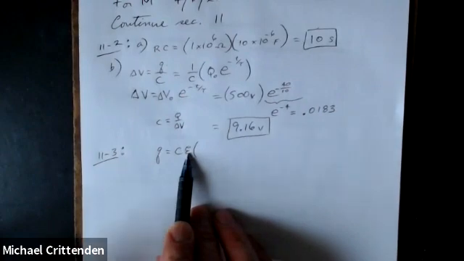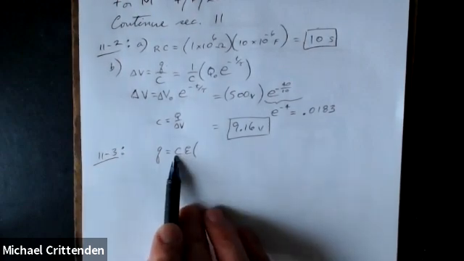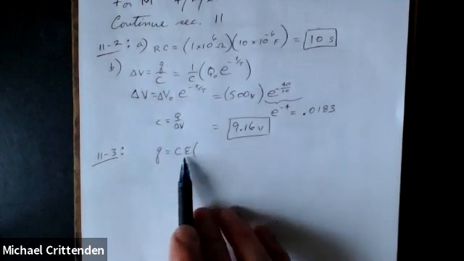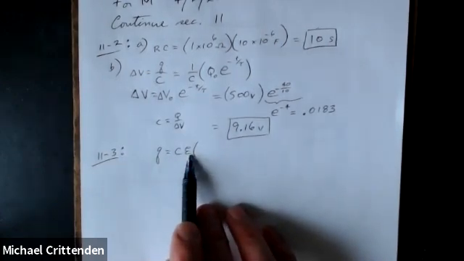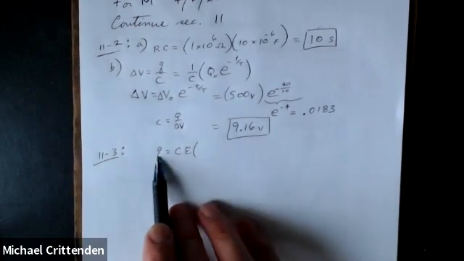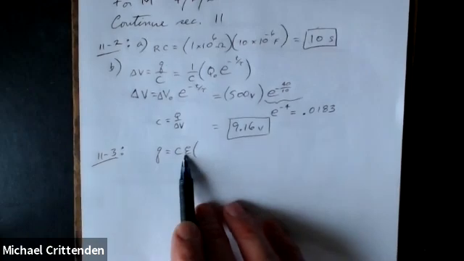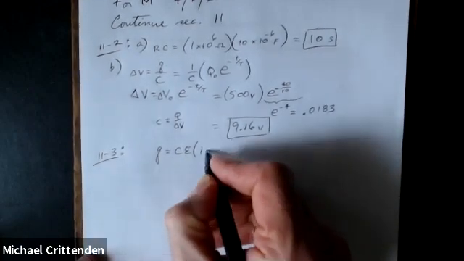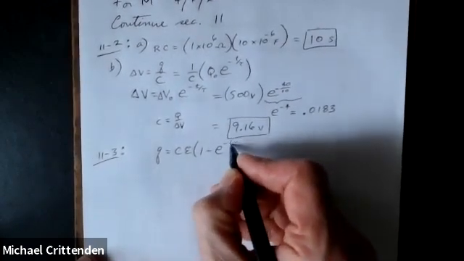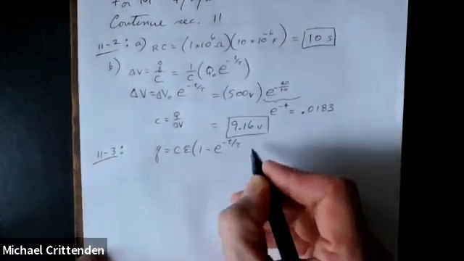Well, the final voltage the capacitor will build up to is the EMF, here the 9 volts of the 9-volt battery. And in the end, the capacitor is going to build up to that 9 volts times the capacitance. That means that these two things together are the final charge that it reaches as time approaches infinity. So the charge at any time t equals the final charge that it's eventually going to reach times 1 minus e to the negative t over tau.